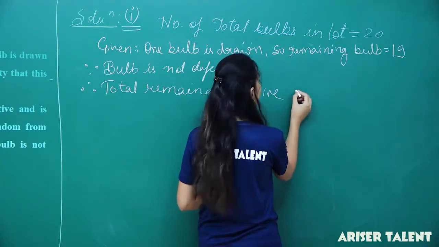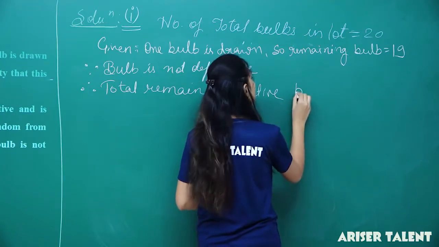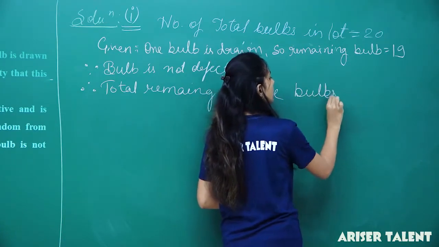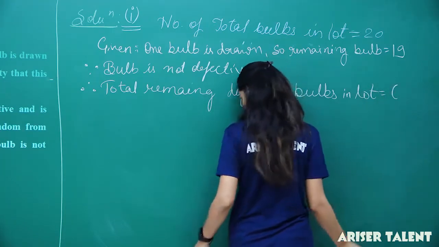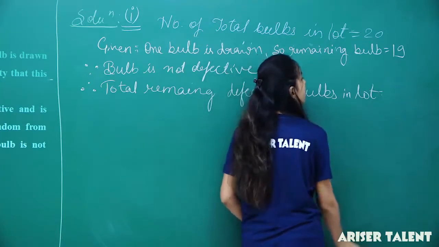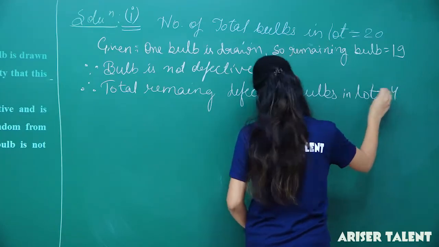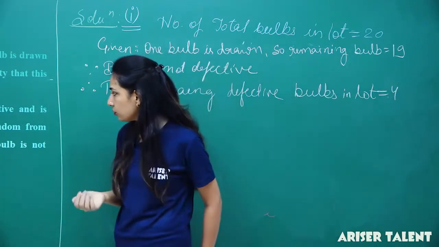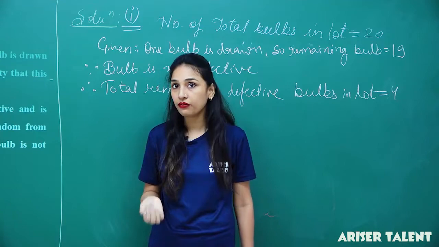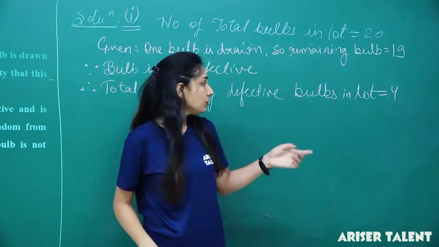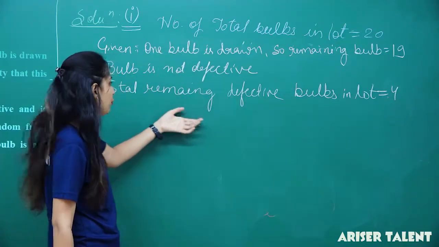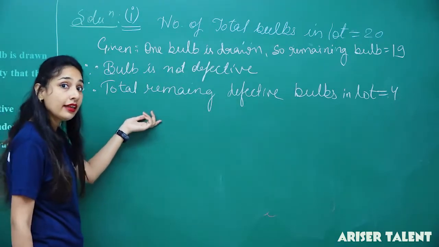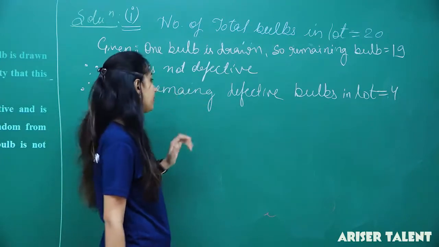So total remaining defective bulbs in the lot equals 4, right? Now, in the question, students, you have to find the probability that the bulb is not defective. So you have not talked about this 4. This time you have talked about the normal ones, not defective.